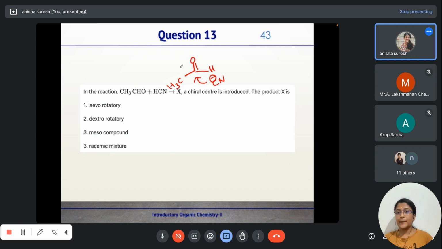It will result in a chiral product, CH3, OH, H and CN. What will be the nature of product X? Is it levorotatory, dextrorotatory, a meso compound, or a racemic mixture?